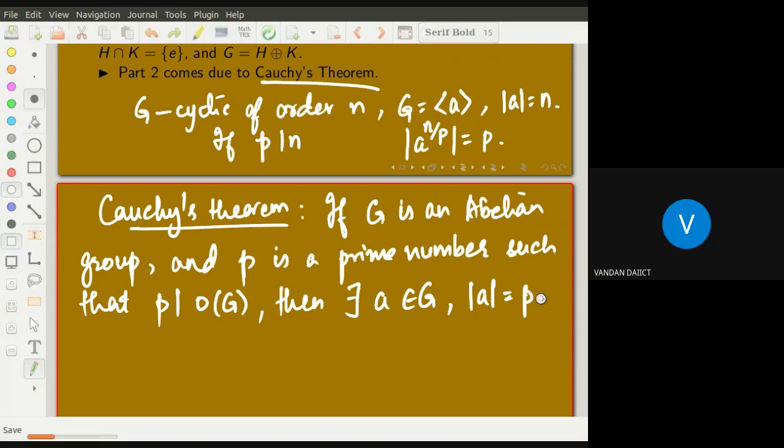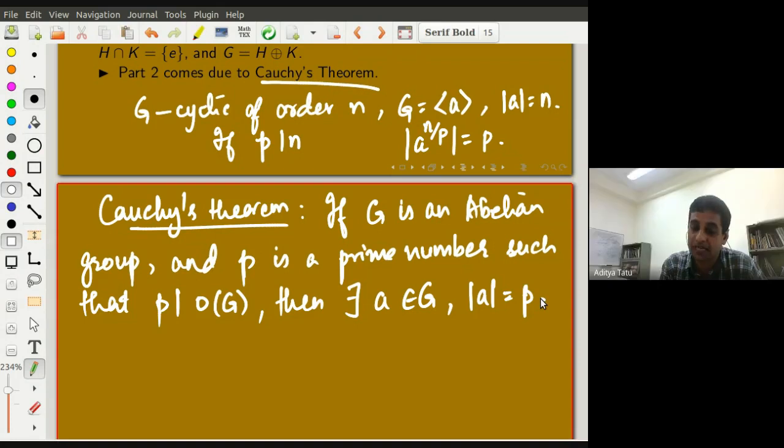Sir, must p necessarily be prime, or can p be any number? No, p is supposed to be a prime number. Only then it is guaranteed. The statement doesn't say anything about composite numbers. It may or may not exist. But if p is a prime number and it divides the order of the group G, then surely there will be an element in the group of that order.